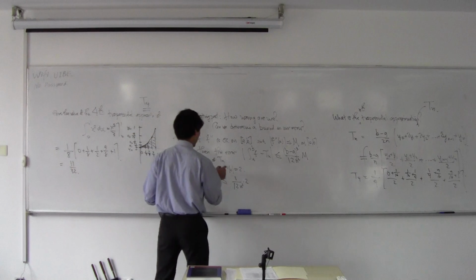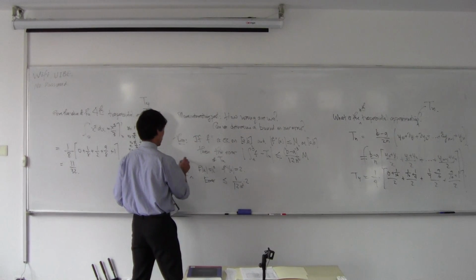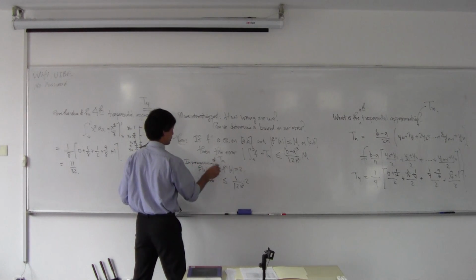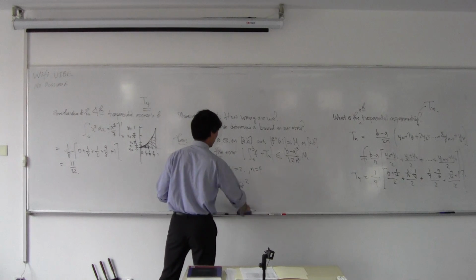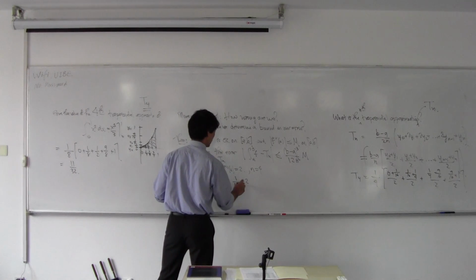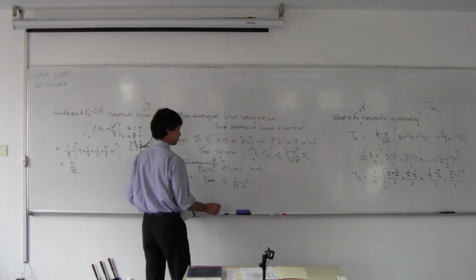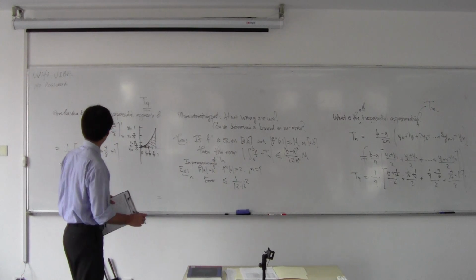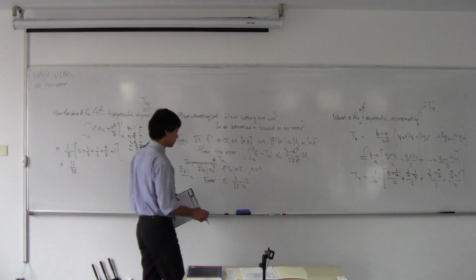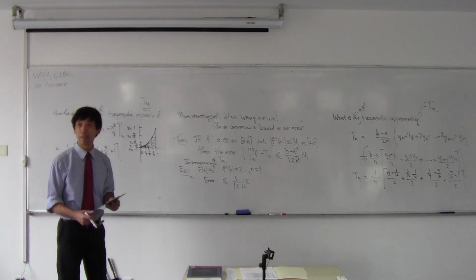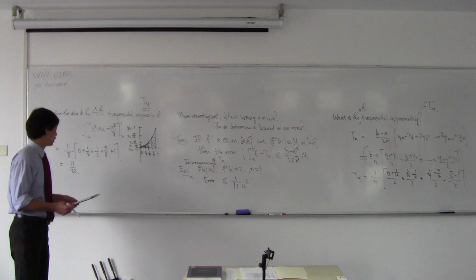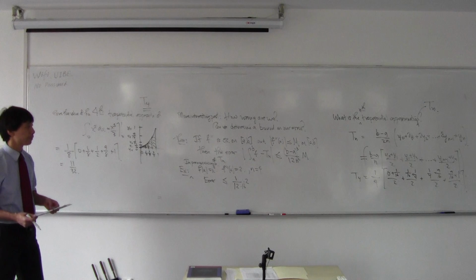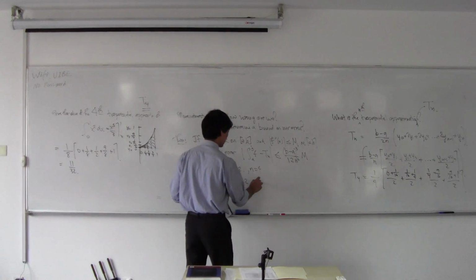Actually, for us we were taking n equals 4. In the previous example our n was 4, so that's 16 here. So that gives us a control on how wrong we could be: 1 over 96.